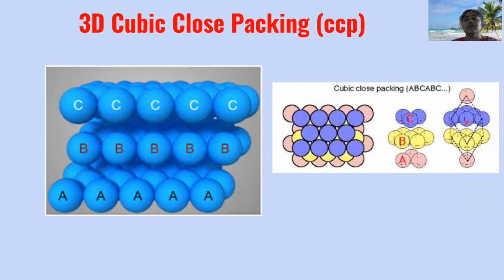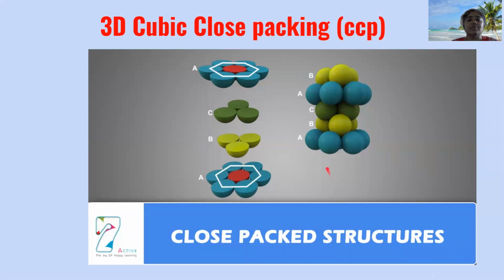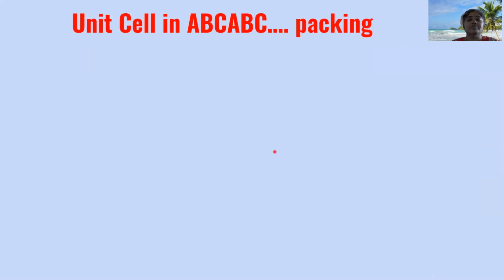You can see how it gives rise to the octahedral geometry, because the octahedral voids are getting filled up, and this is the cubic close packing. This is how the coordination number can be calculated again in the cubic close packing, that is 12. 6 in the same layer, 3 above it, and similarly 3 below it. So the coordination number becomes 12.